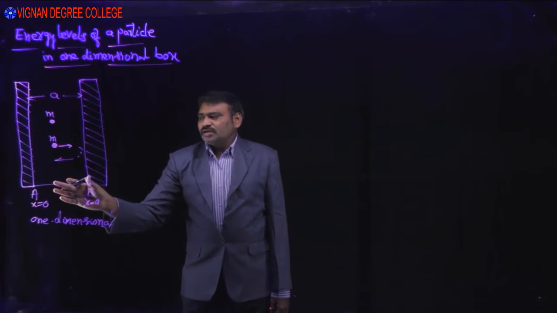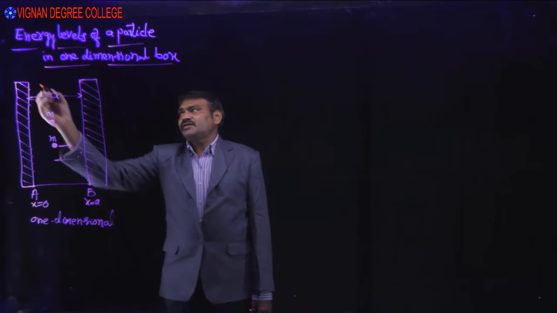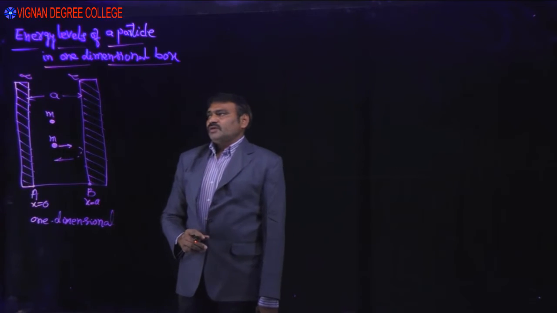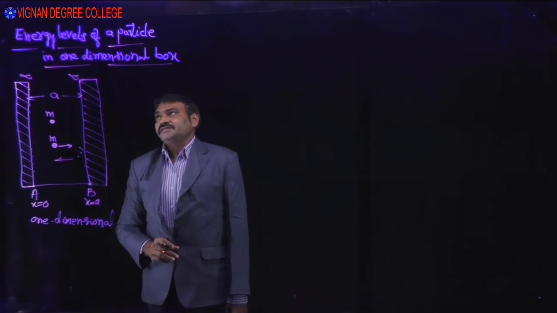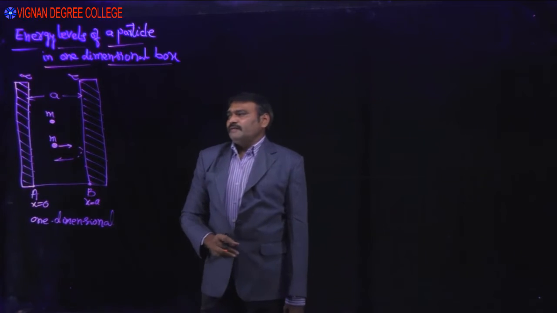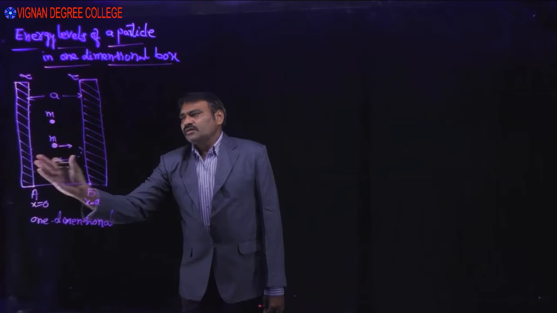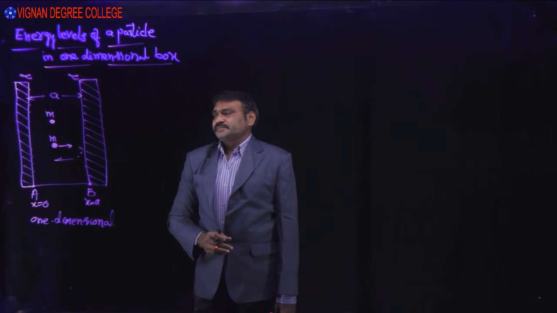It is of infinite height, meaning the height cannot be measured. Let us consider the walls of infinite height. The topic is the energy levels of a particle enclosed between two walls of infinite height.